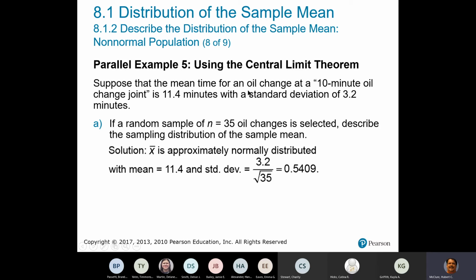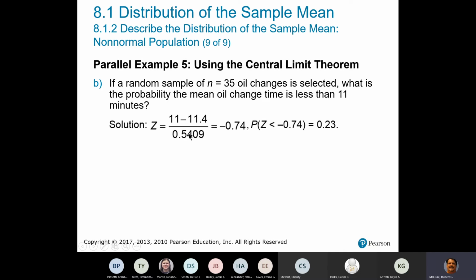Suppose that the mean time for an oil change is 11.4 minutes with a standard deviation of 3.2. So you draw a picture right there.